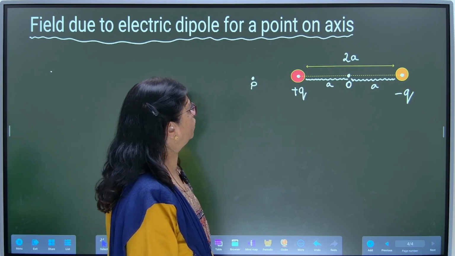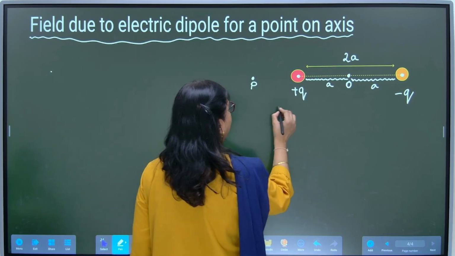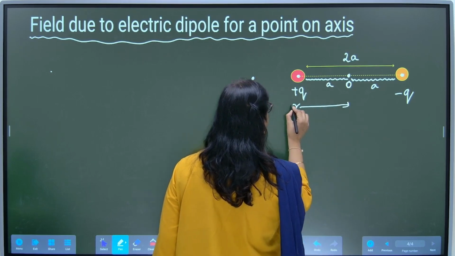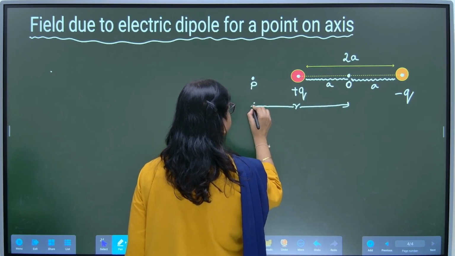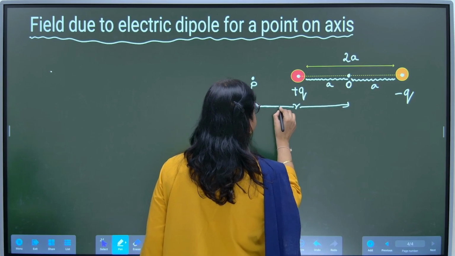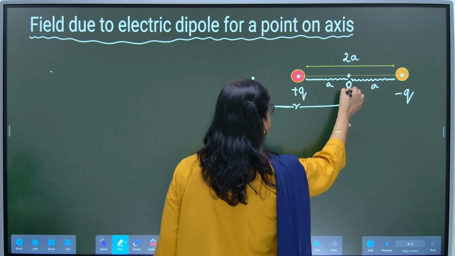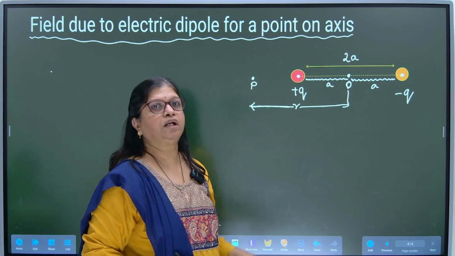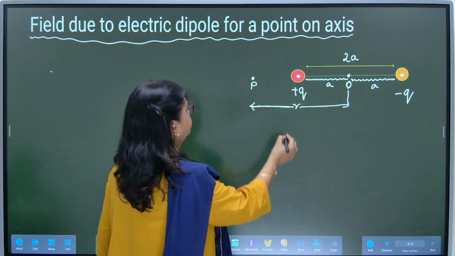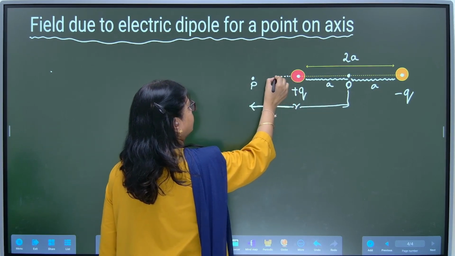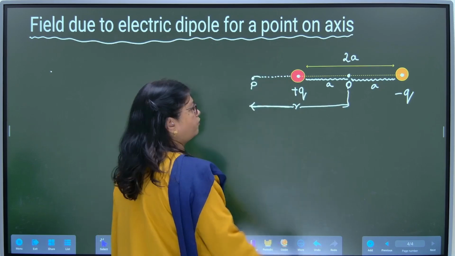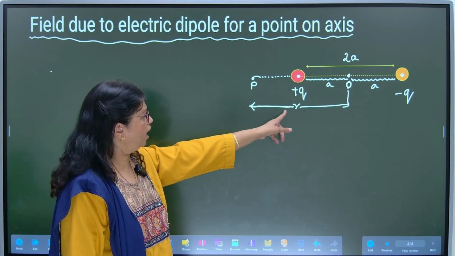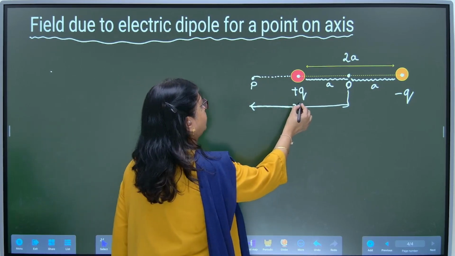That point on the axis is at a distance R from the center of the dipole. That's why I defined the center of the dipole. O is the center of the dipole. So I have considered one point P on the axis of the dipole with a distance of R from the center of the dipole.